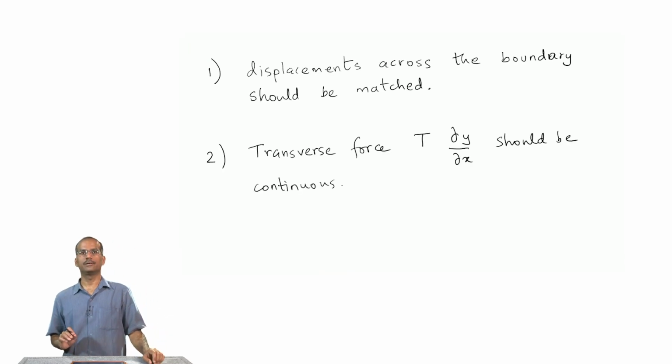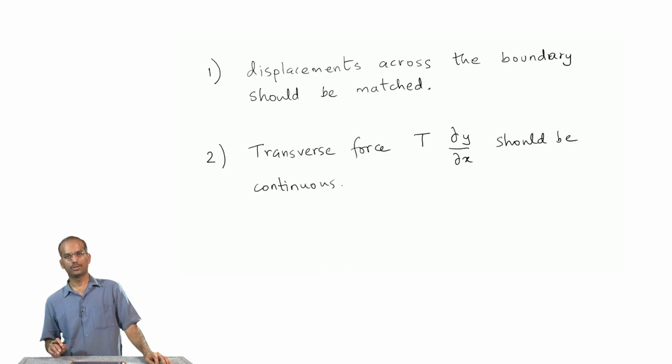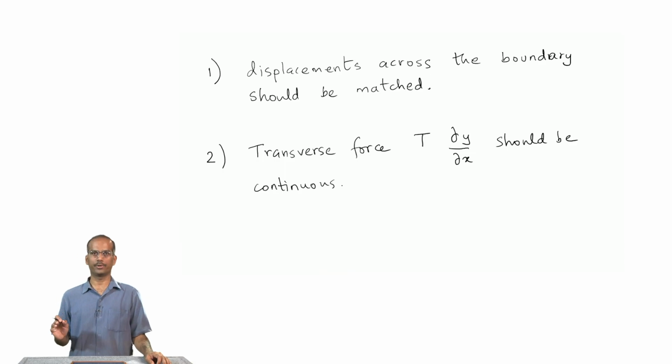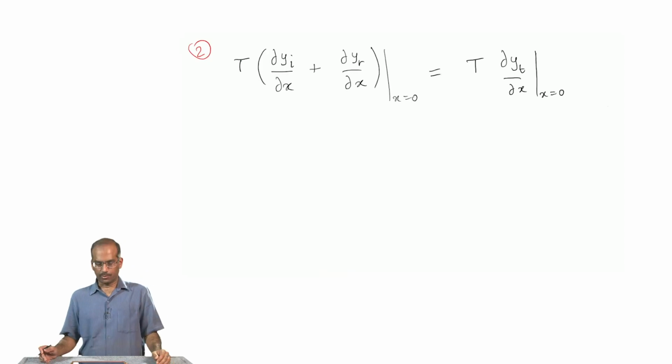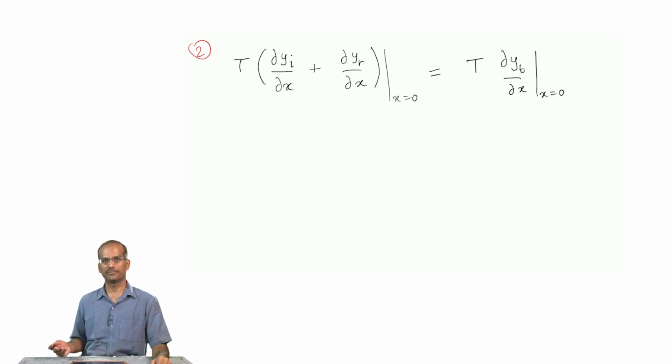Now, let us use the second boundary condition, namely that the transverse force should be continuous at the boundary, which means at x equal to 0. I can express this condition as, now again, since we already know y i, y r and y t, I just need to differentiate all three of them with respect to x.